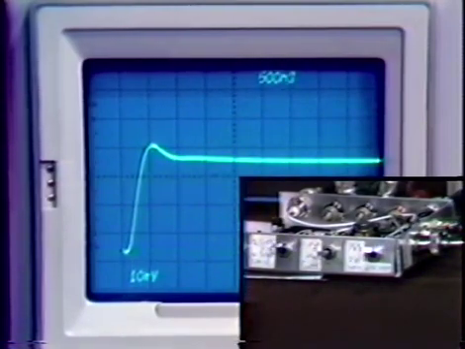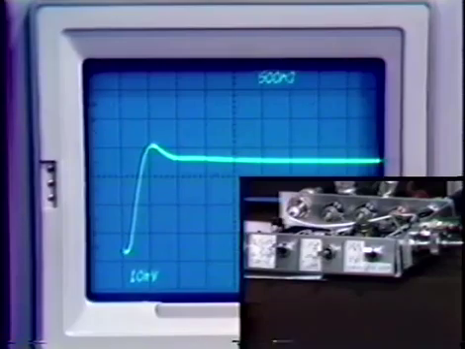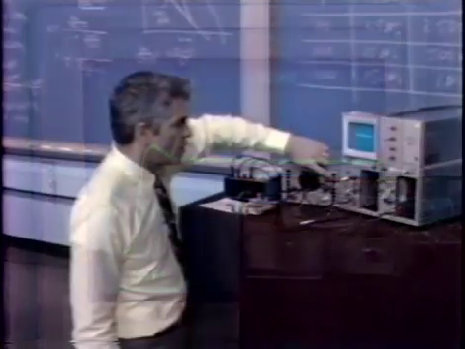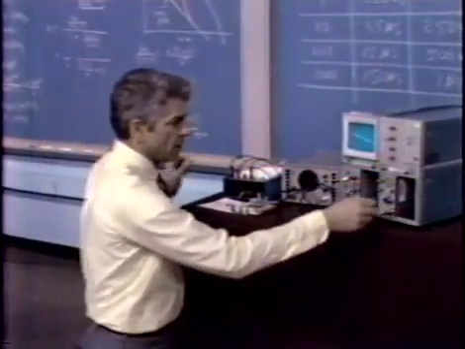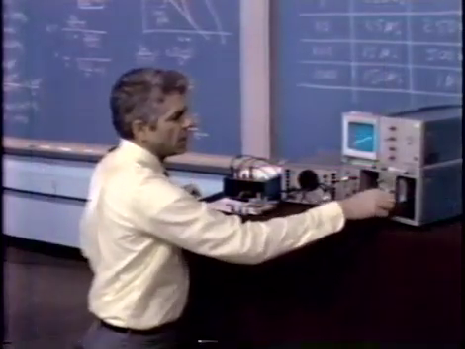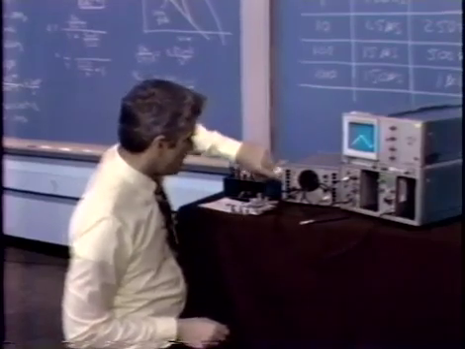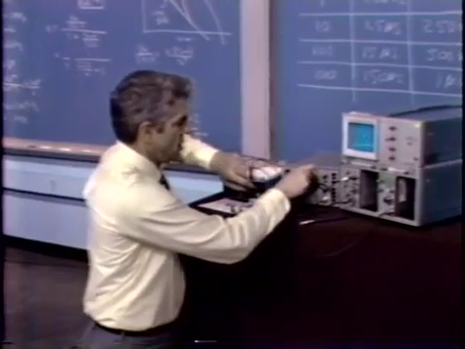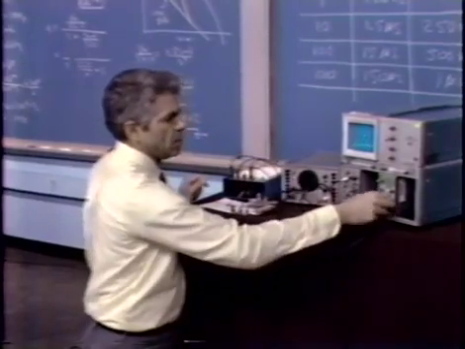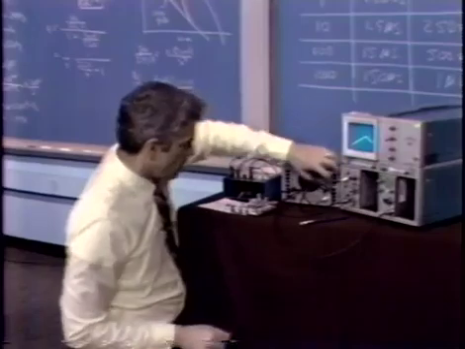Now let's look at errors for certain kinds of inputs, or for one input in particular. What I'd like to do is drive our amplifier with a triangle wave, and let's put in a much larger one than we now have.